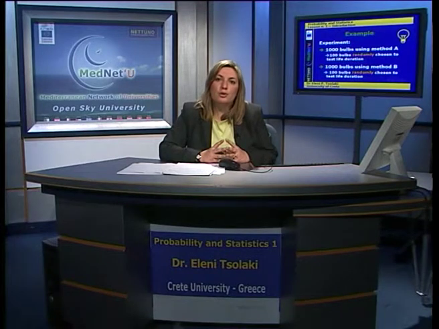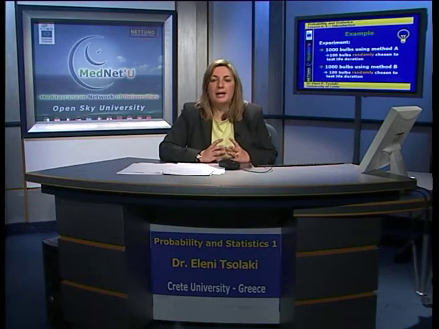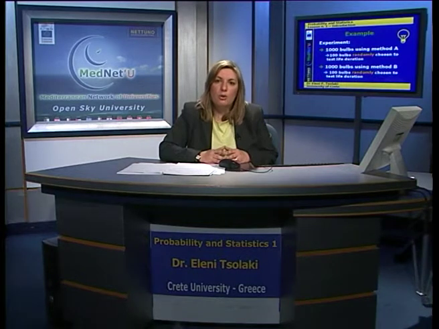So we have to choose the 100 bulbs from method A and the 100 bulbs from method B using no systematic pattern. We have to choose them in a random way.